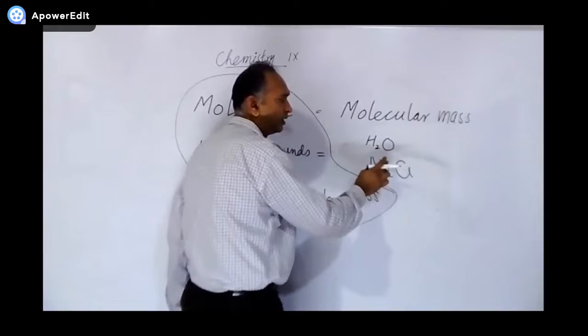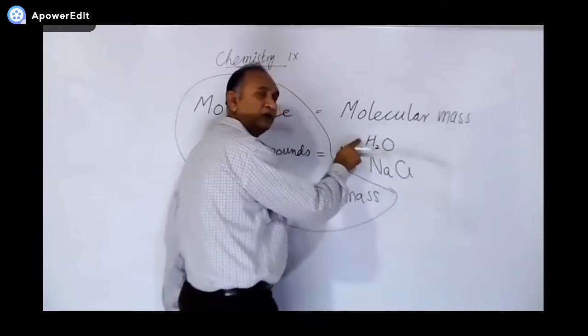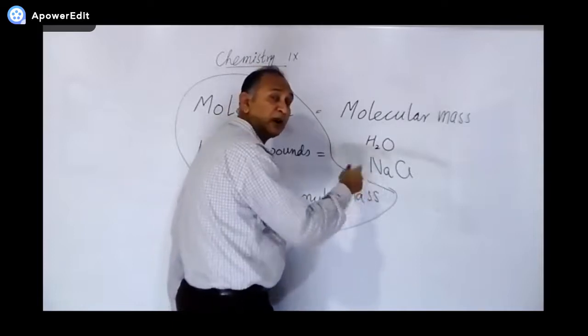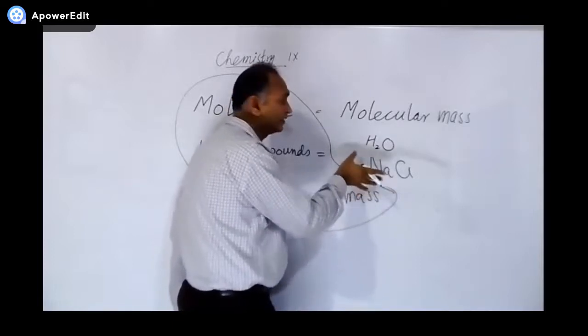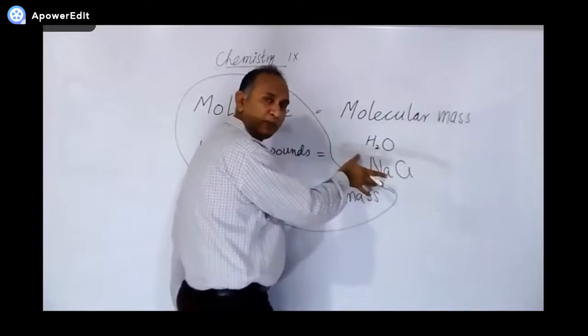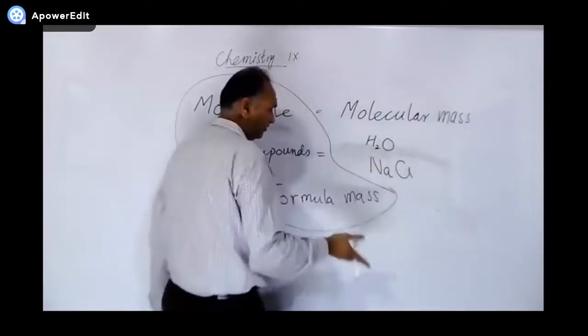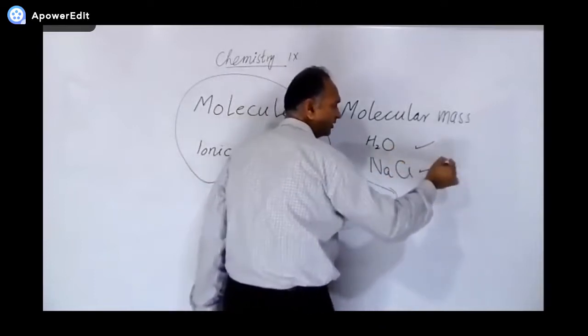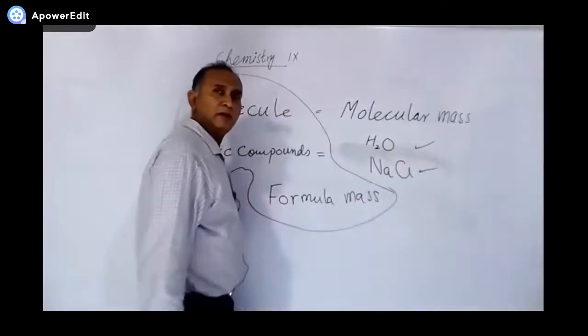What will we call its mass? We can't call its mass molecular mass because it is an ionic compound. So what do we call it? We call it formula mass. Remember, formula mass we can use not only for this but also for this.